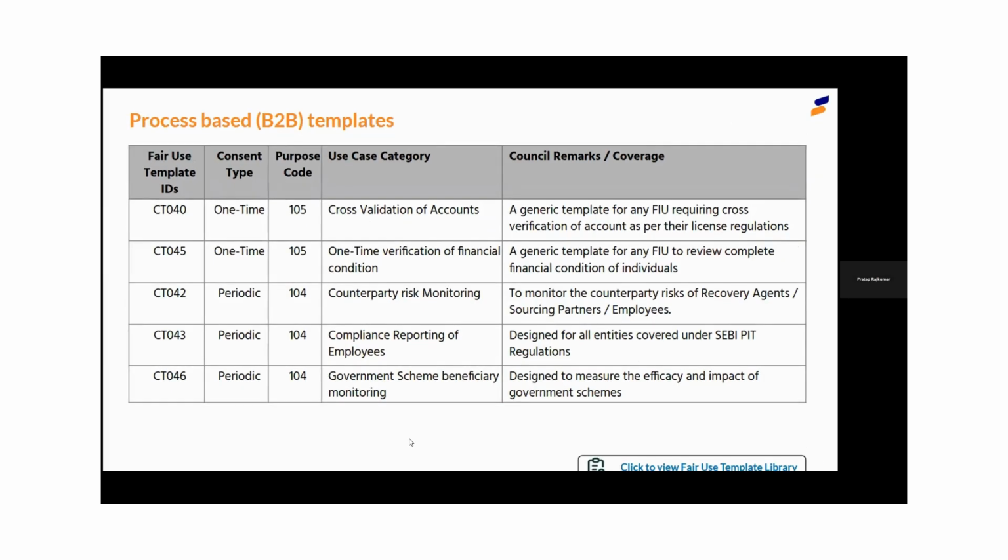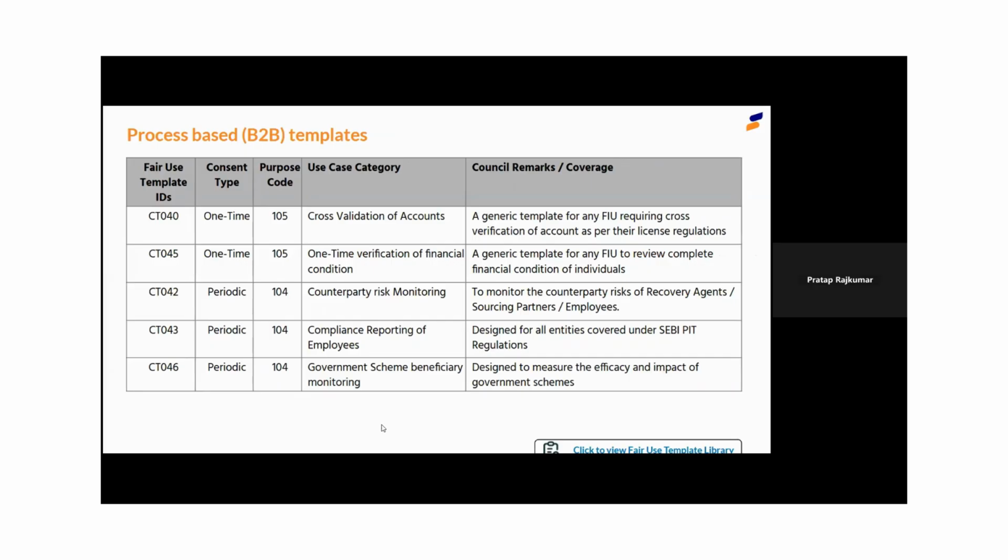Yes, I was just checking, can the CT040 be used for account validation, similar to a penny drop kind of thing? I'm not too sure penny drop is the right use case here. I'll tell you a couple of points. It is up to you to decide.